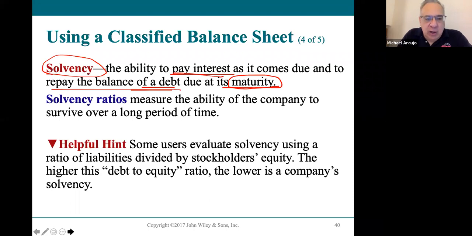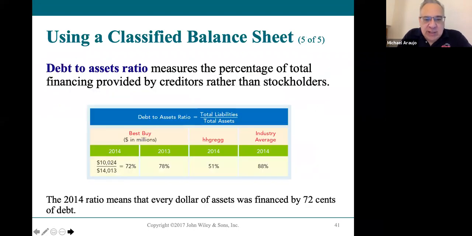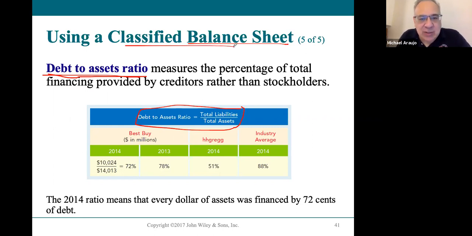So we also need the balance sheet for this, but in this case, the balance sheet, we're looking at total liabilities and we're comparing it to total assets. That's the debt to asset ratio. And it looks at how much debt the company has compared to its assets. Now remember the balance sheet equation, assets equals liabilities plus stockholders' equity.